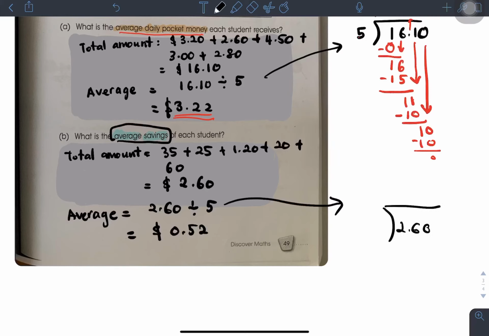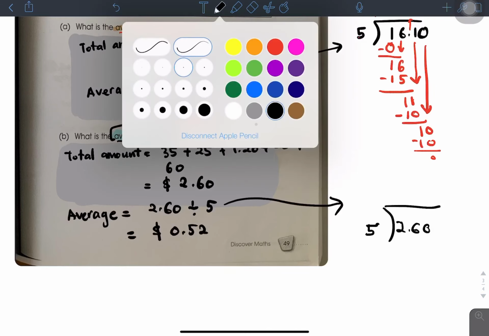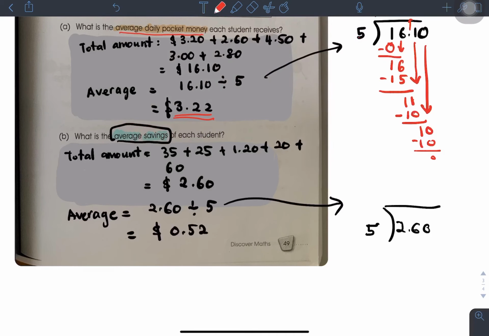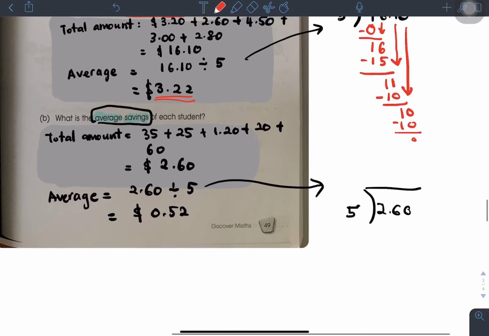2.6 we divide by 5. Let's do it together. For those who don't know how to divide, this is the best chance for you. Do it number by number. Let's look at the number 2. Since there is no 2 in times table 5, we do 5 times 0, we get 0. We minus them, 2 minus 0 is 2. There's a decimal point here, so you bring it up.